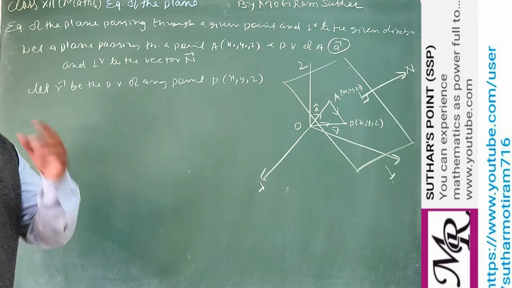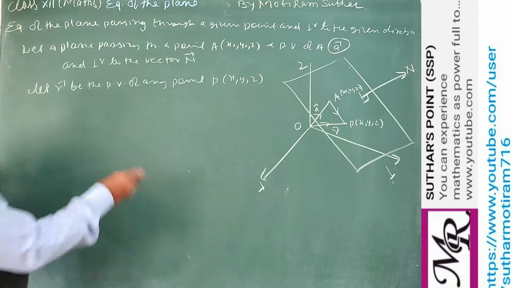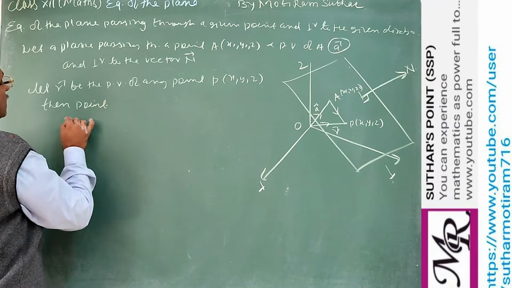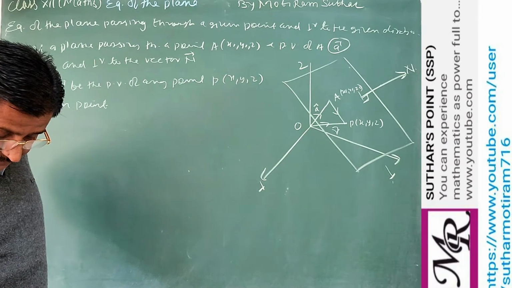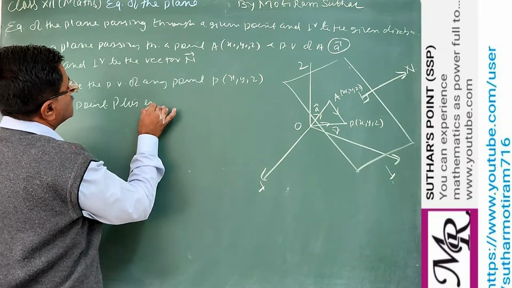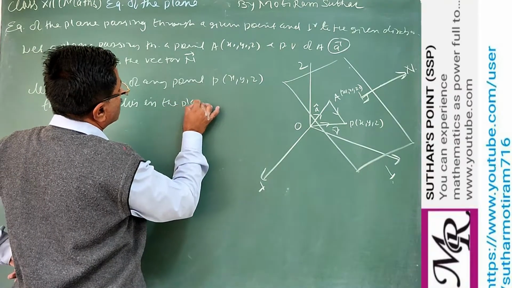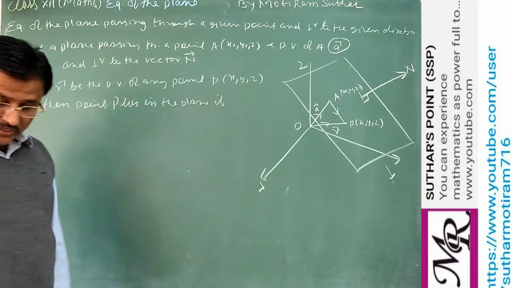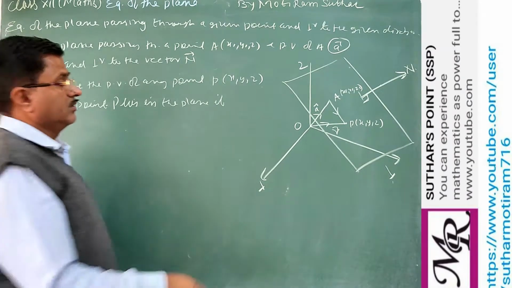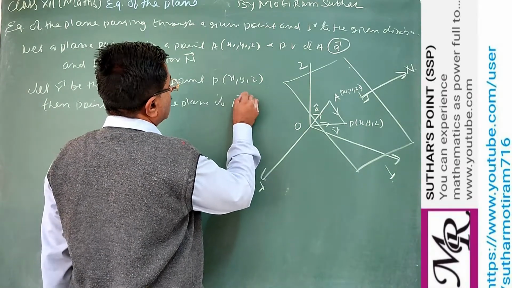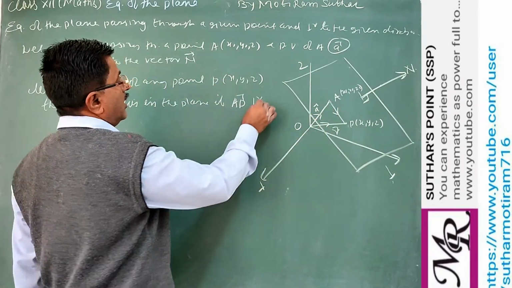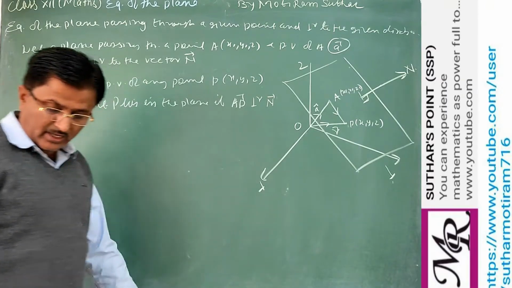Then point P lies in the plane if and only if vector AP is perpendicular to the given direction, that is the vector n.